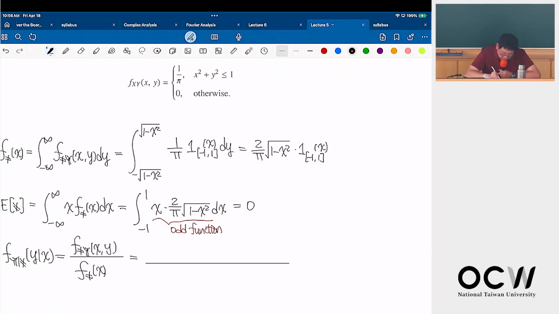So here, 1 over pi, and then actually your region is the xy within the unit disk.